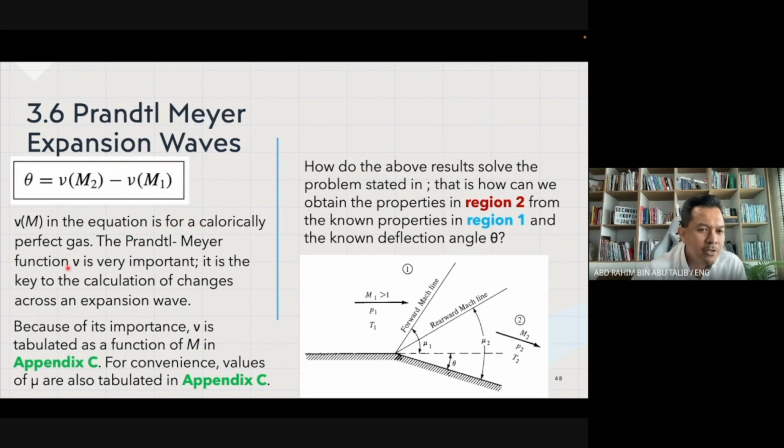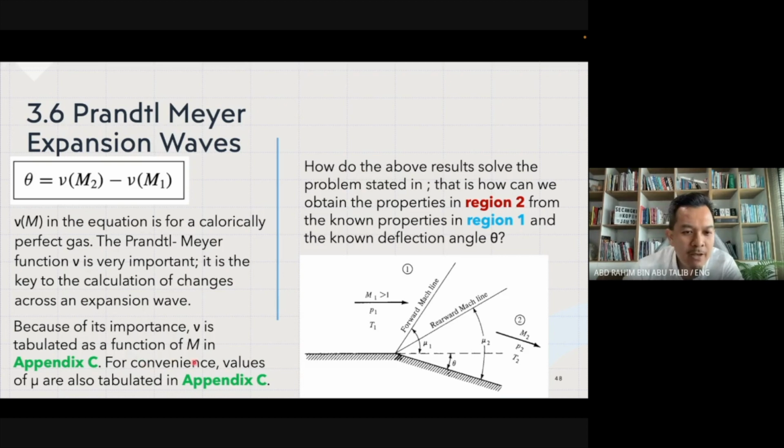And the Prandtl Meyer function is very important. It is the key to the calculation of changes across an expansion wave. Because of its importance, the value is tabulated as a function of Mach number in Appendix C. So you can refer to Appendix C in your textbook, the Anderson textbook.